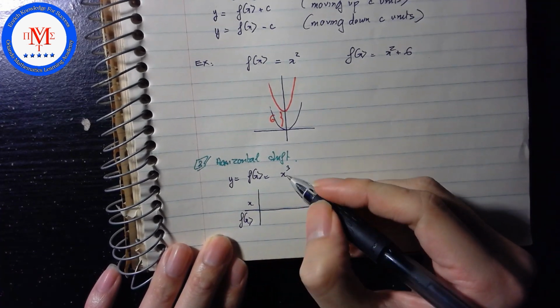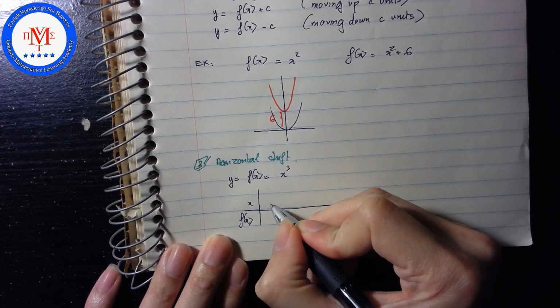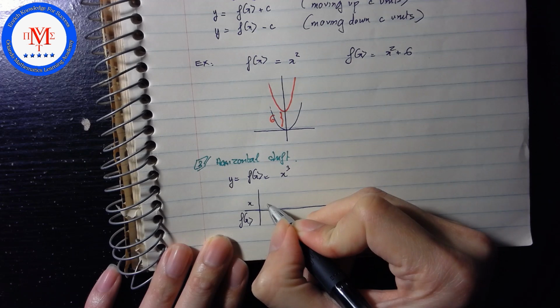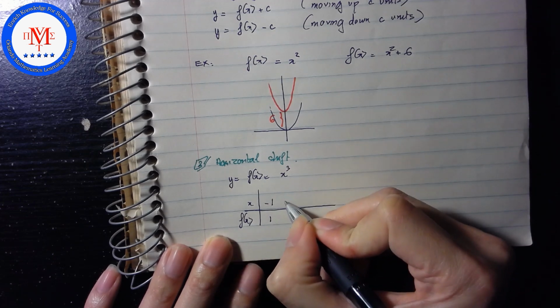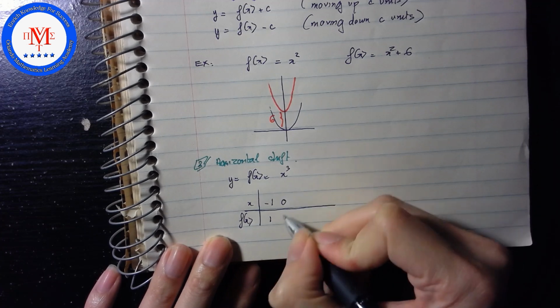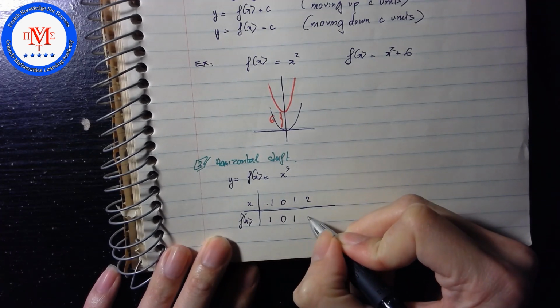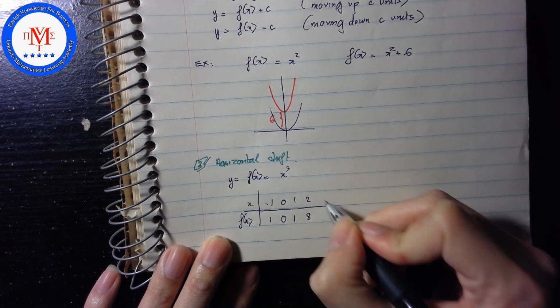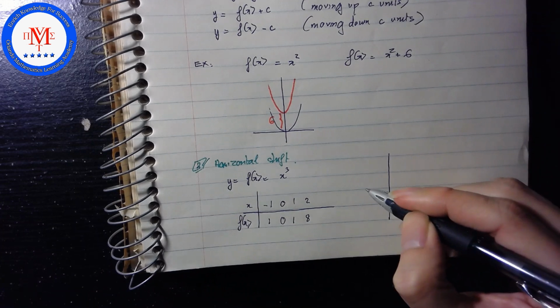We have -2, -1 gives you -1, 0 gives you 0, 1 gives you 1, 2 gives you 8, and the function will be like this.